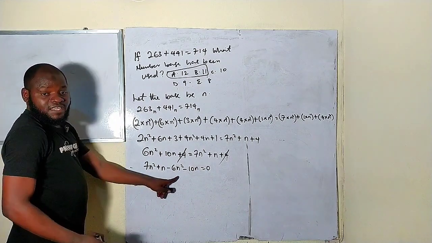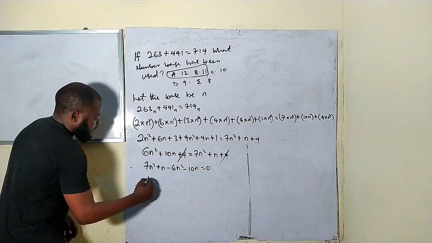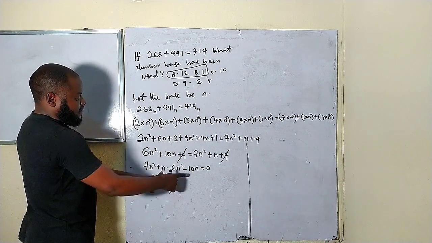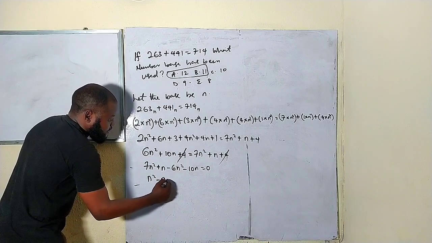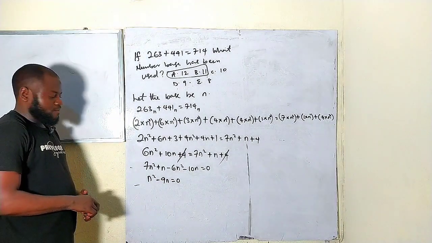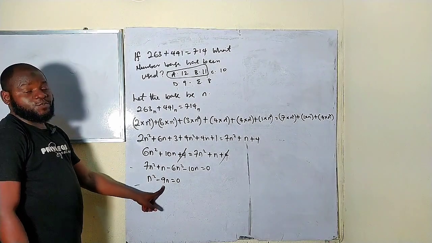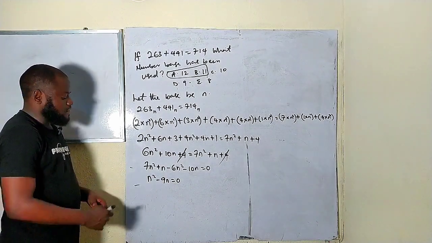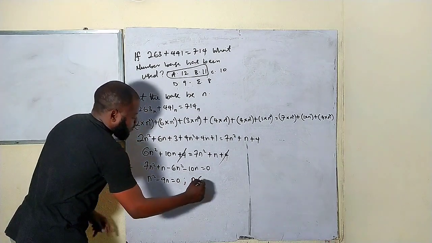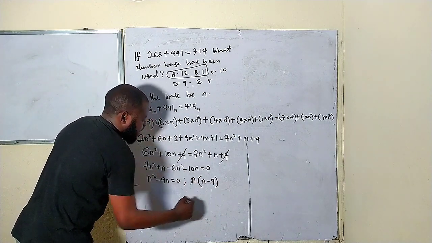So if that should be the case now, this should give us n squared, and what else? This is just n, and so this will give us minus 9n equals 0. Are you following? So if that should be the case, you can factorize out n. If you do so, you are going to have n times (n minus 9) equals 0.